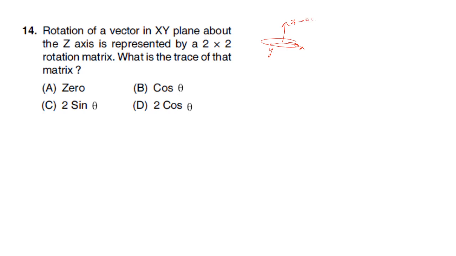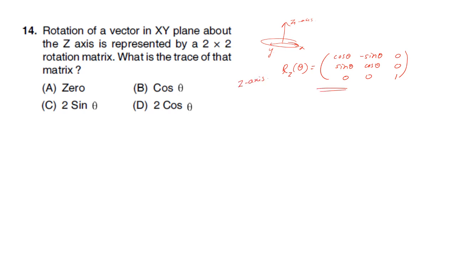Then the rotation matrix is given by cos theta minus sin theta 0, sin theta cos theta 0, then 0 0 1. It is the rotation matrix about the z-axis.